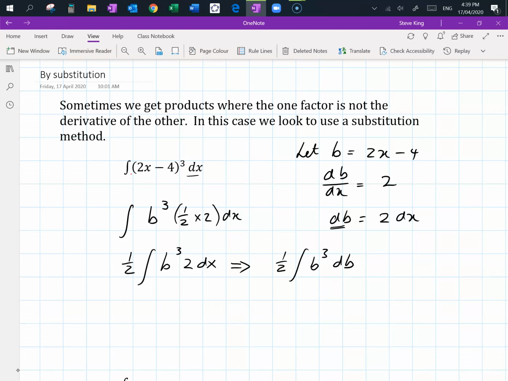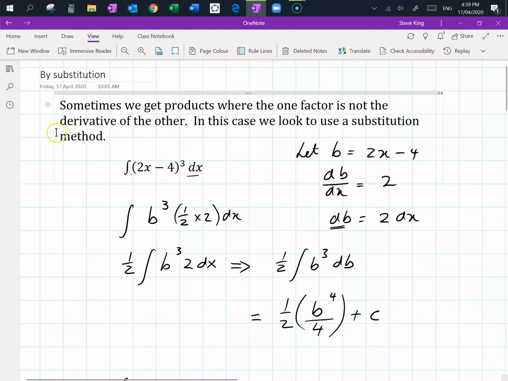Now I'm in business. Now I've got a simple, straightforward integral. b is going to increase by 1 power, but I must divide it by 4. And then I've got to add on c, and I've got to multiply this whole thing by a half.